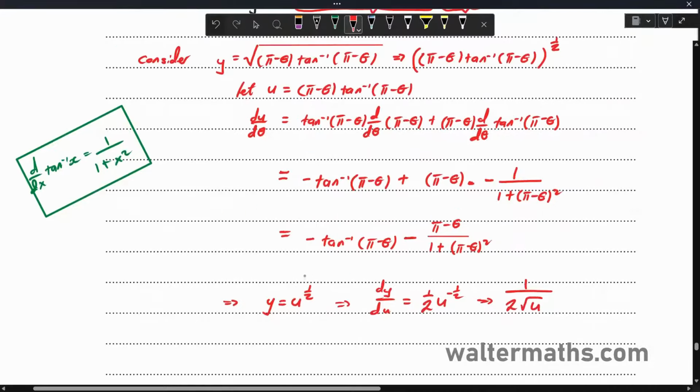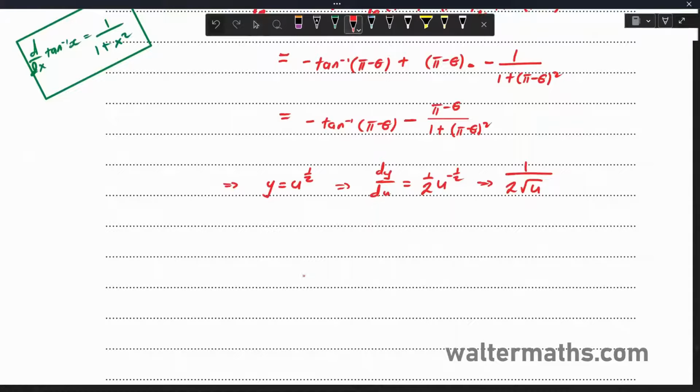So when we do dy by d theta, by the chain rule, it's dy by du times du by d theta.